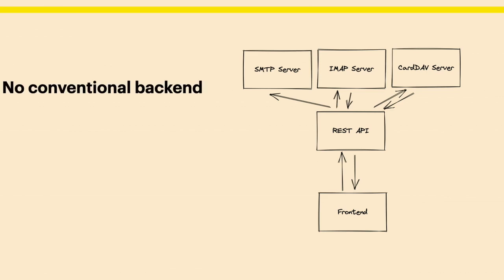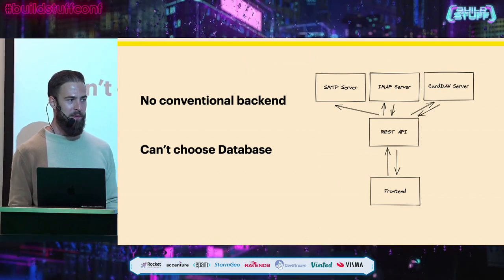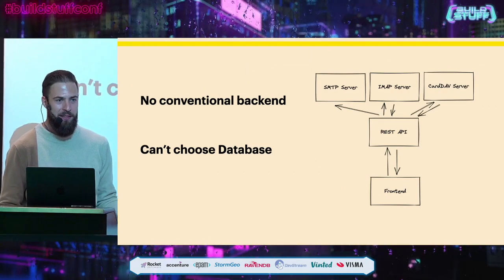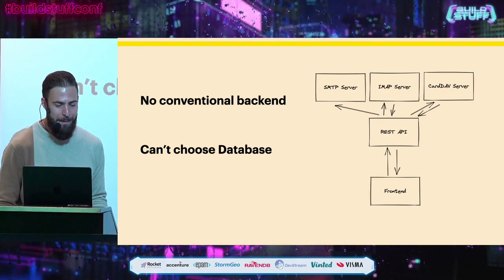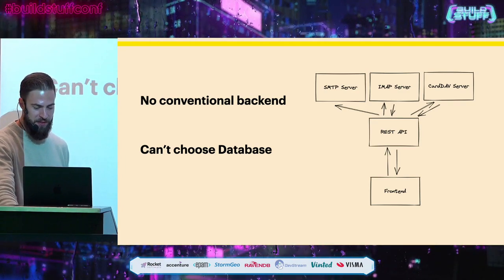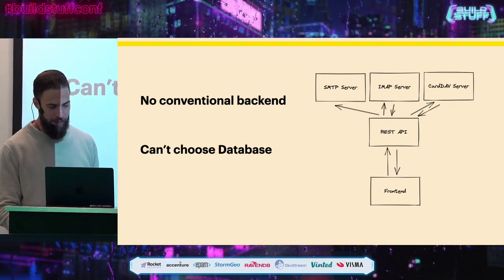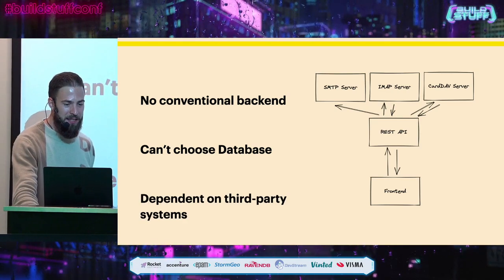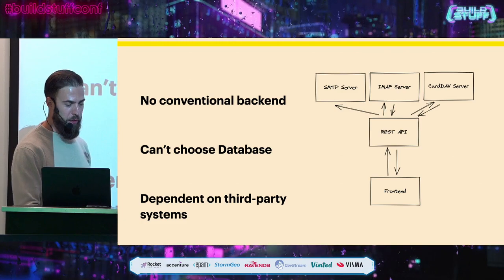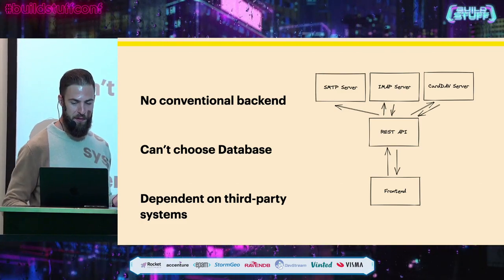So it's not really a conventional backend in any sense. We also cannot really choose a database, so we cannot just say, okay, we are doing this in CouchDB. It doesn't work. Our backend is just email, right? And it's also dependent on those third-party systems, Stalwart and email.